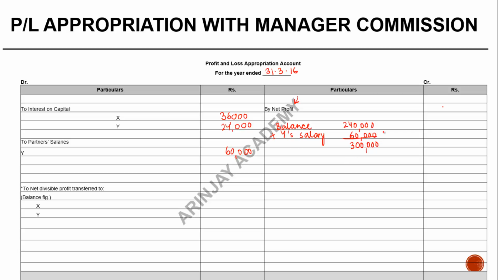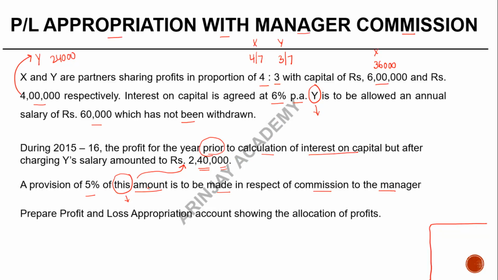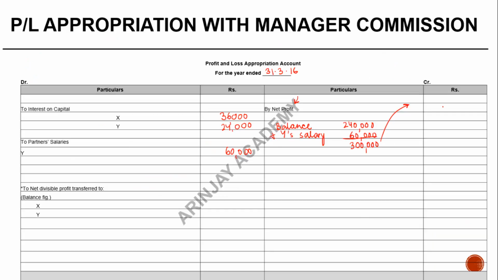But is this the amount that should go as the balance brought down? There is one more adjustment which I told you, which is that there is a commission of 5% to be made for the manager. Since it is given that this is to be on this amount, we'll include it as part of 2,40,000. 5% of that will be 12,000, which we are going to consider. Now I have shown this note here in the profit and loss account. You can actually show this as a working note.